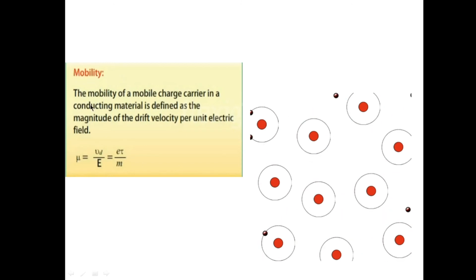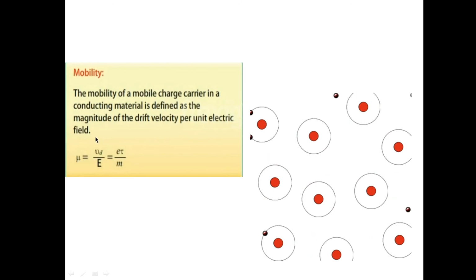If you want that as a definition, the mobility of a mobile carrier in a conducting material is defined as the magnitude of drift velocity per unit electric field.